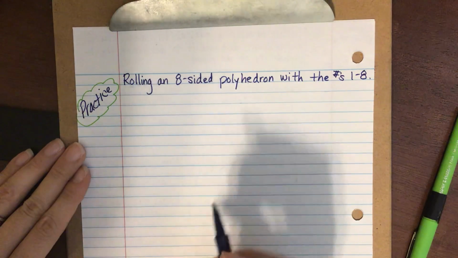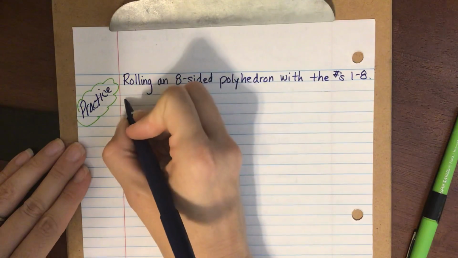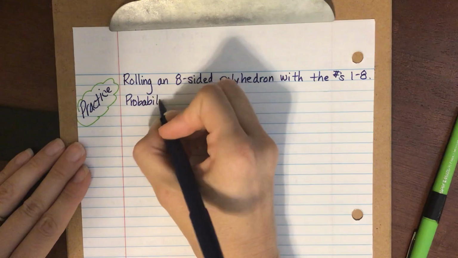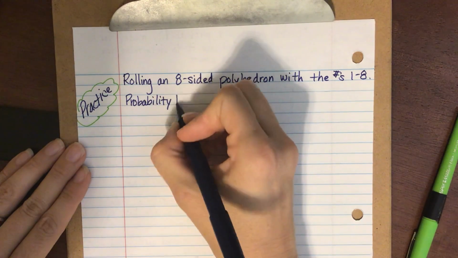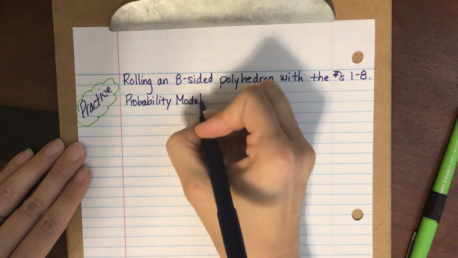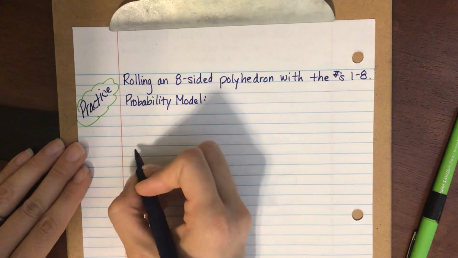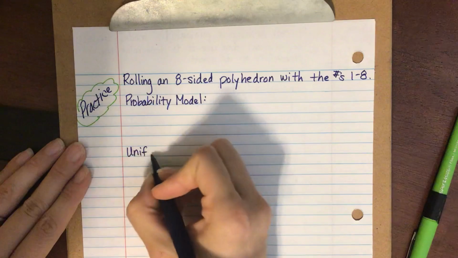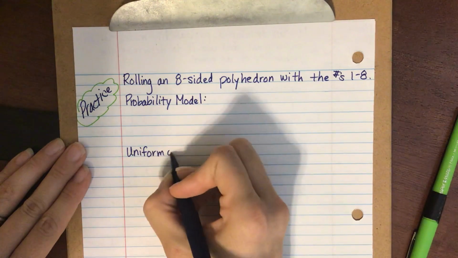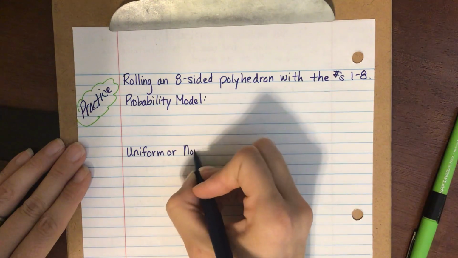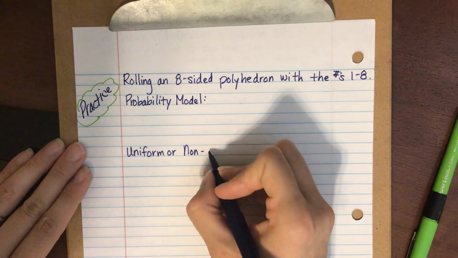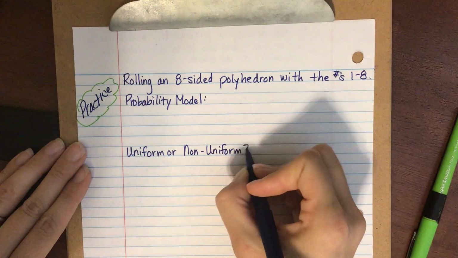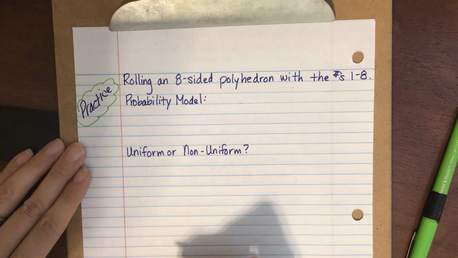So what I need you to do is create a probability model, like I showed you on the other side. And I'm also going to have you tell me whether it is uniform or non-uniform. Okay, so that's one practice problem.